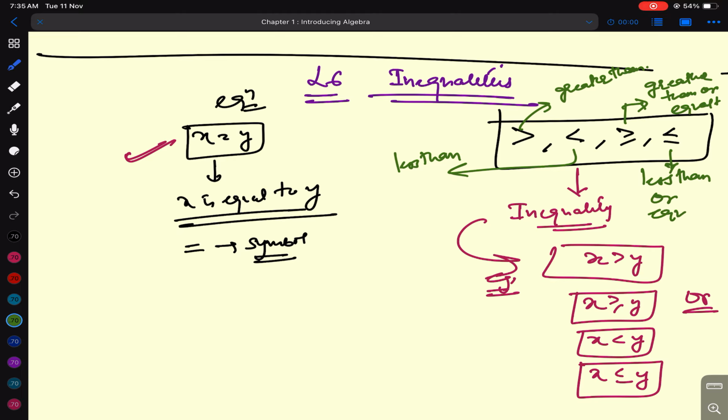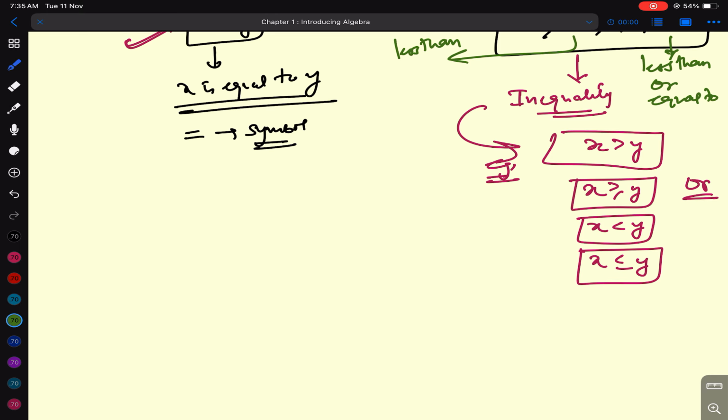So these are the four essential inequalities that we are going to talk about. I hope the difference between equation and inequality is clear to you now.